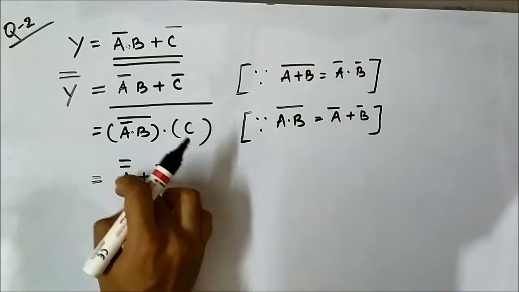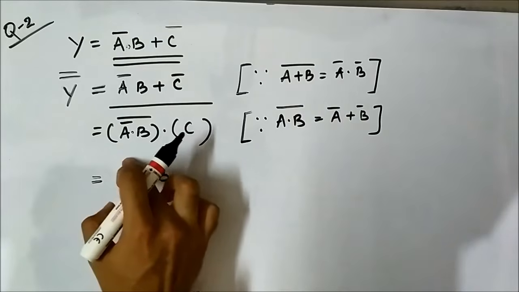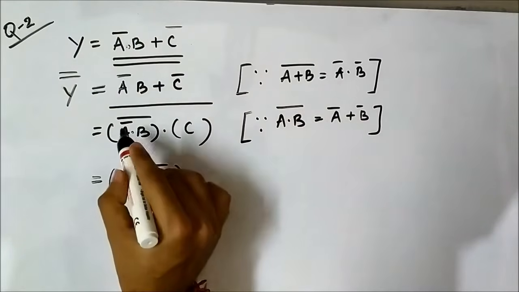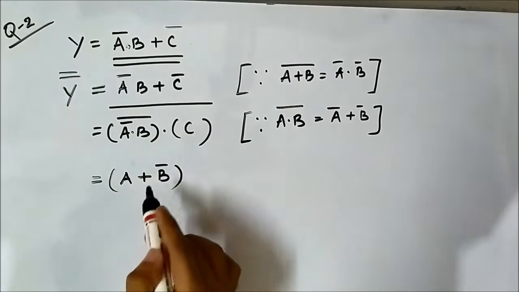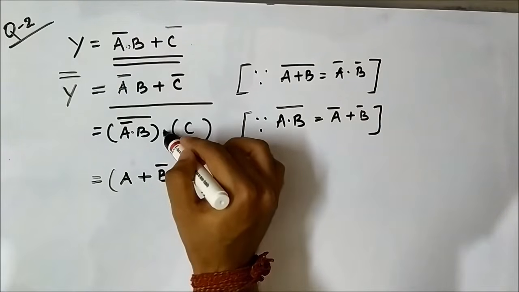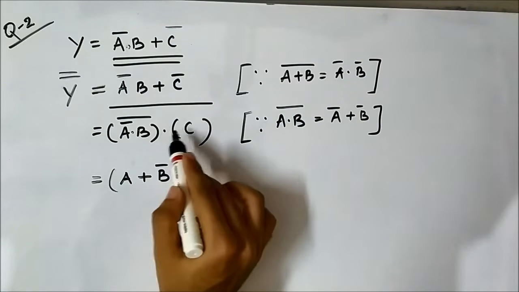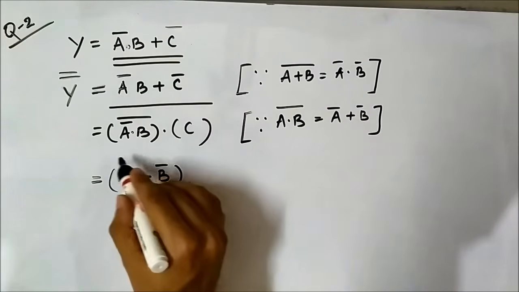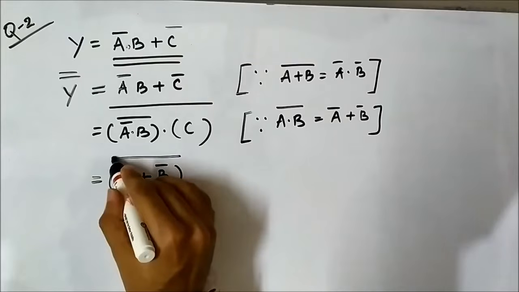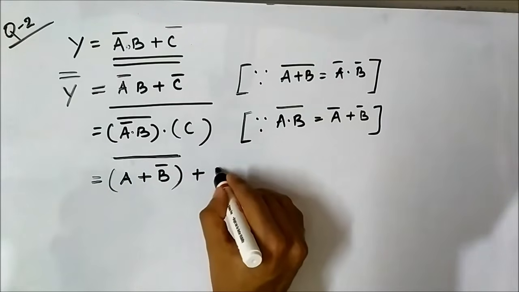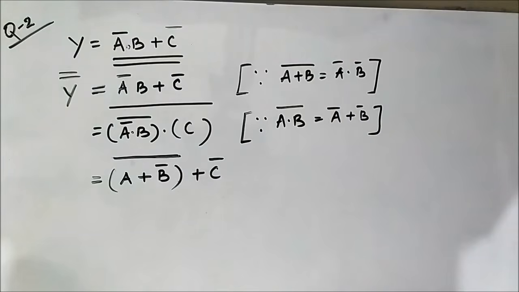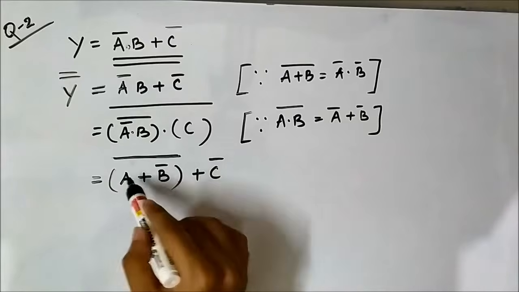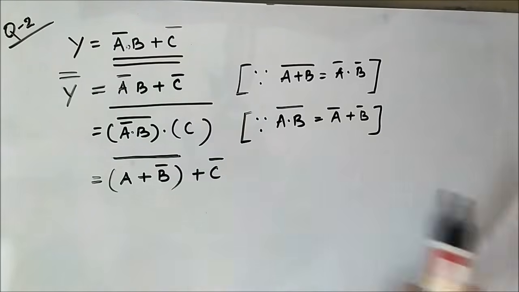Okay, now we know that the double complement of this will result in A. This is this. Okay, A complement and B whole complement. This gets us this. Now here this ANDed with this with whole complement on top, we will apply this, it will get us or C complement. Okay, so this is the modified expression with no AND symbol, only OR.